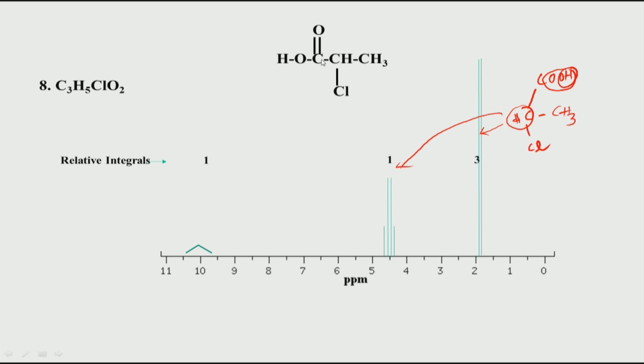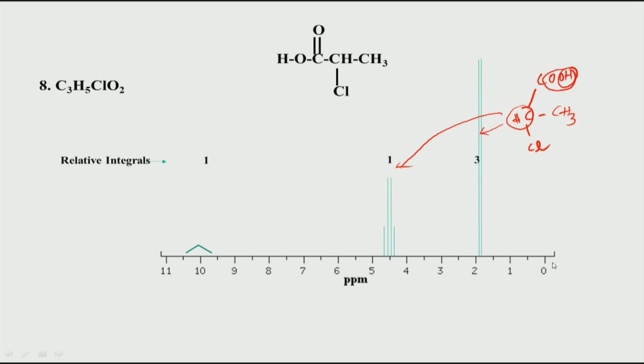Not only that, this hydrogen is also attached to this carbon, which is attached to a carbonyl, C double bond O and another O. Therefore, this particular hydrogen is downfield shifted because of 2 electronegative groups, one is the chlorine and the other is this carboxylate group. And if you look at this here, it is also downfield shifted.